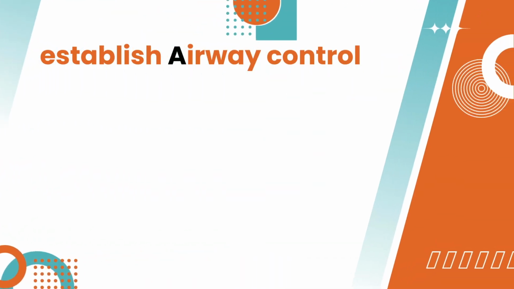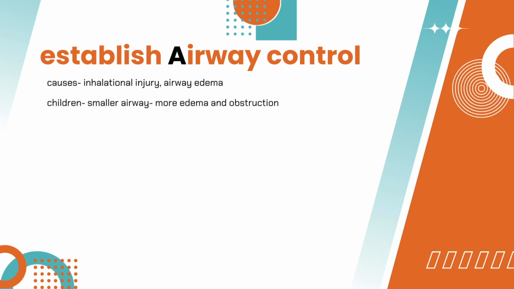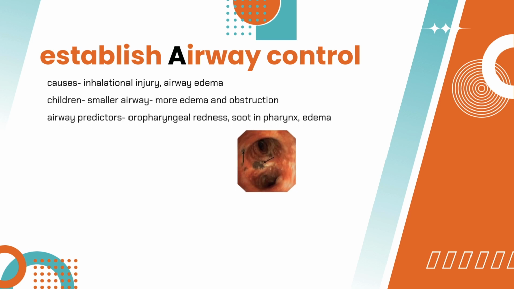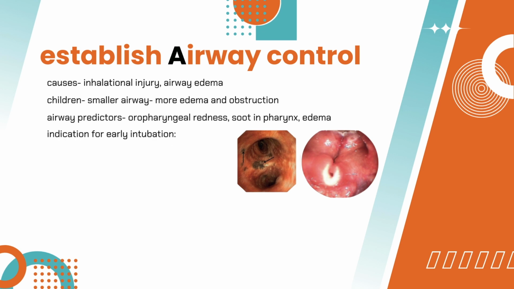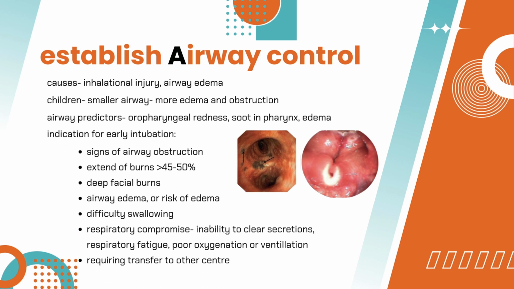Let's look at the next priority, establishing airway control. The causes of airway compromise can be inhalational injury or airway edema. In children, there are smaller airways, so there will be more edema and more chance of obstruction. The airway predictors are oropharyngeal redness and soot in the pharynx; edema will give us a clue that the airway is compromised.